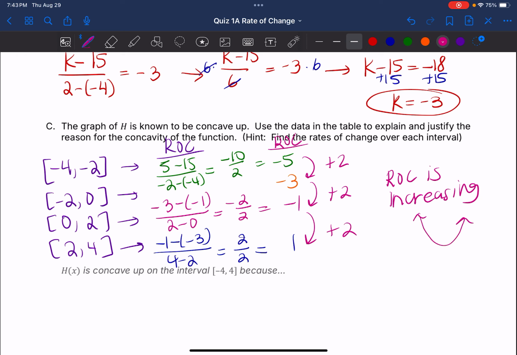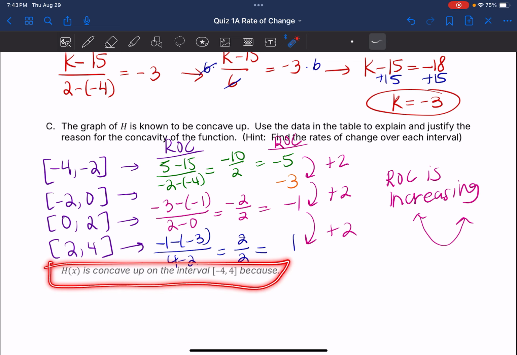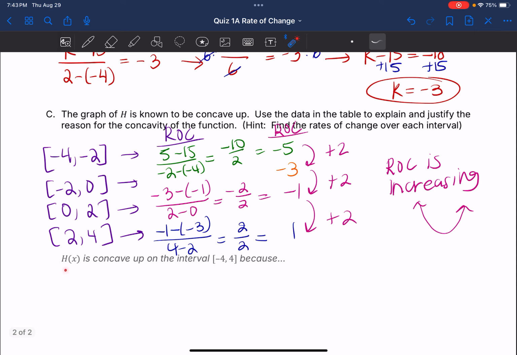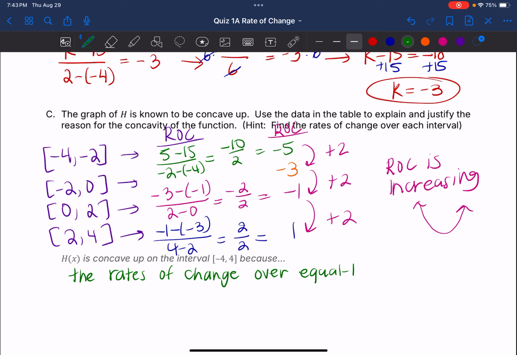Okay, so that little gray part, I tried to start off your sentence for you. That way you would know where you're going. So h of x is concave up on the interval -4 to 4 because the rates of change over equal length input intervals is increasing.